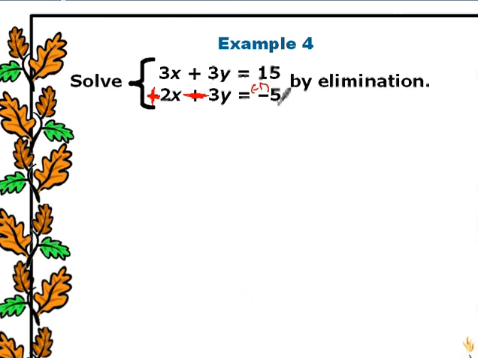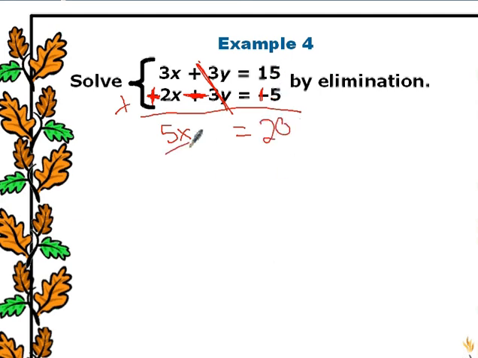And then negative 1 times negative 5, that's positive 5. So this becomes positive 5. And then we do just like we did in the last problem. We tally everything up, so 3x plus 2x now is 5x. 3y minus 3y is 0y, so we cross them out. And 15 plus 5 is 20.